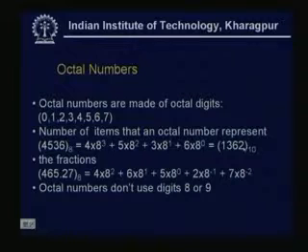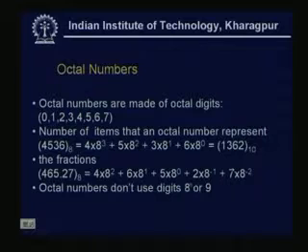Now, how do we compute fractions? Say 465.27 when the base is 8. The integer portion will be 4 into 8 square plus 6 into 8 to the power 1, 5 into 8 to the power 0, then the place value should be decremented, so 2 into 8 to the power minus 1, 7 into 8 to the power minus 2.